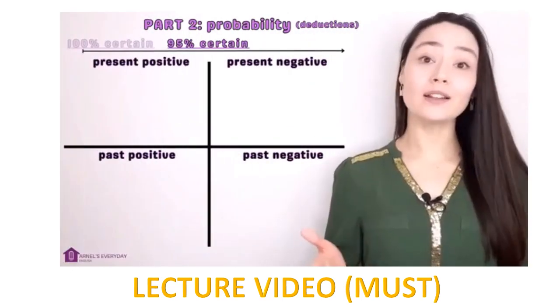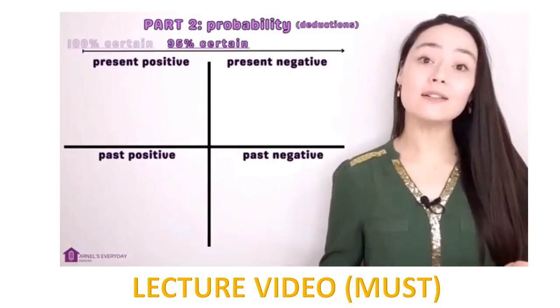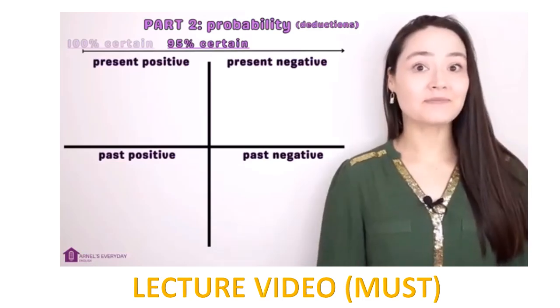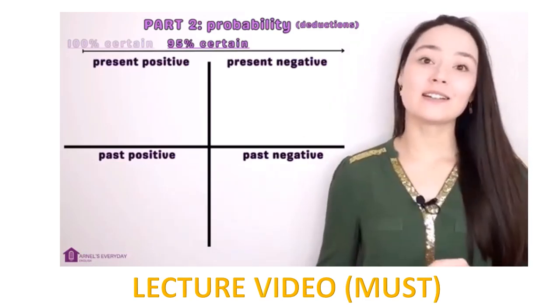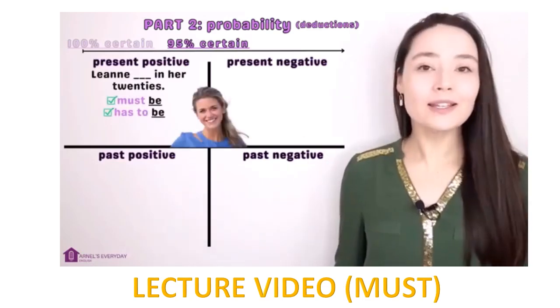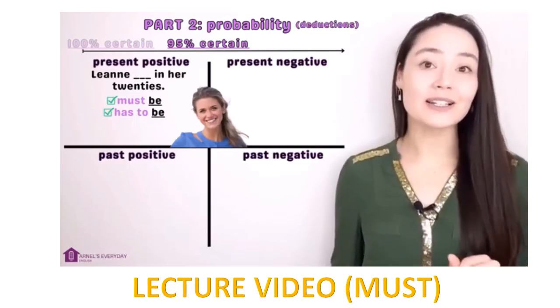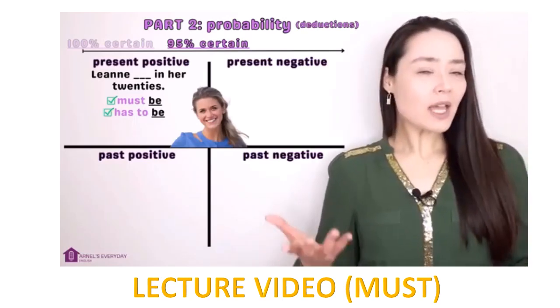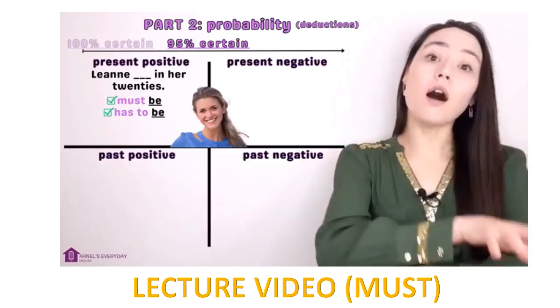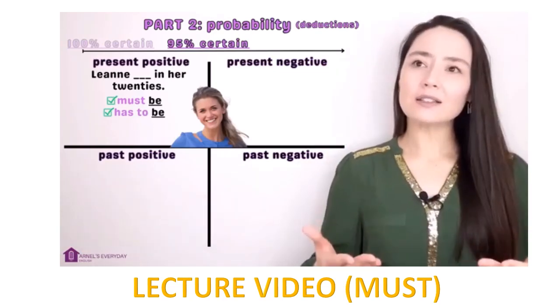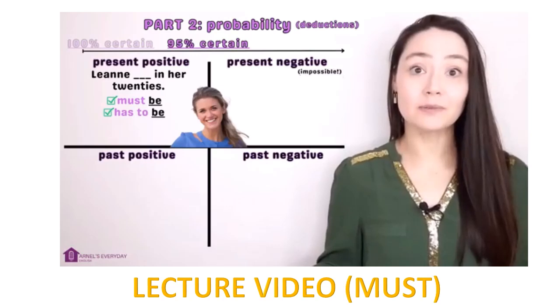Just like Part 1, things change in the negative and past. Present. Leanne must be in her 20s. Leanne has to be in her 20s. I'm almost certain. But how can we express the opposite? How can I say something is impossible?